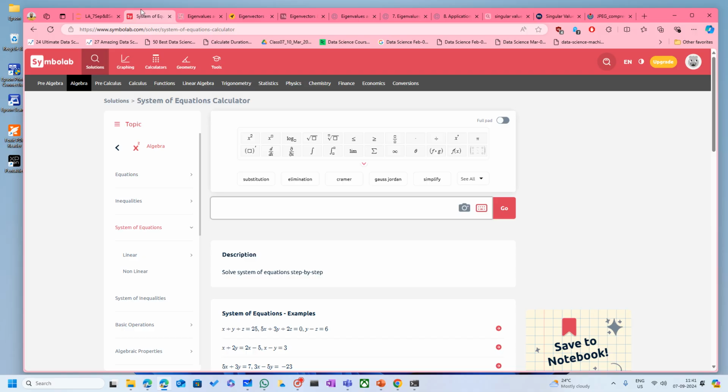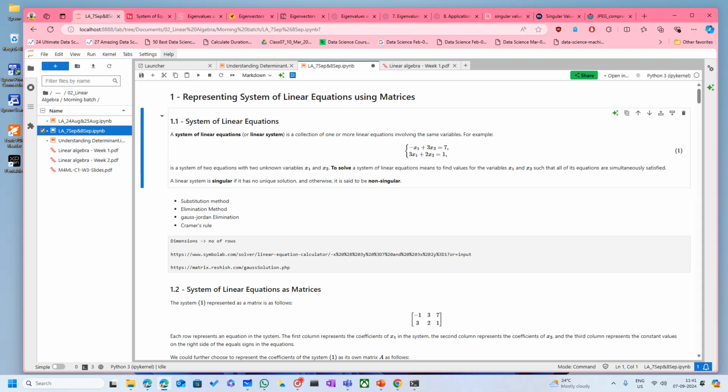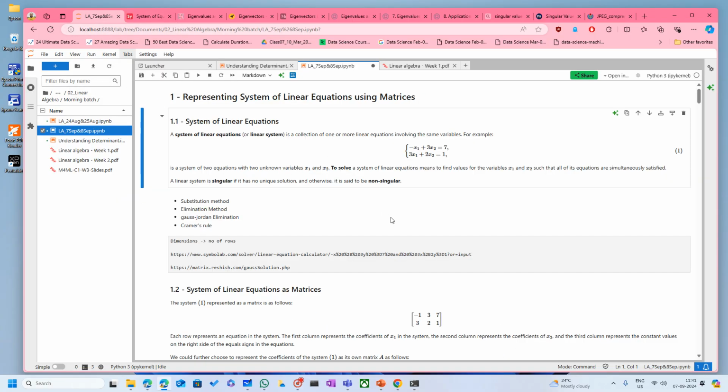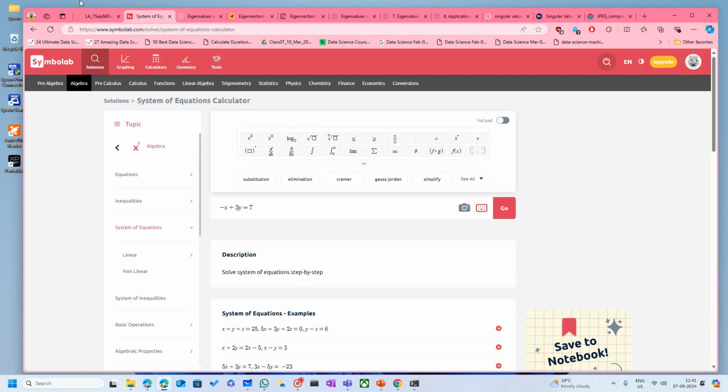So let me take these same equations here. Minus x1 plus 3x2 equals 7. Instead of x1 and x2, I'm going to replace those with x and y for easier understanding.